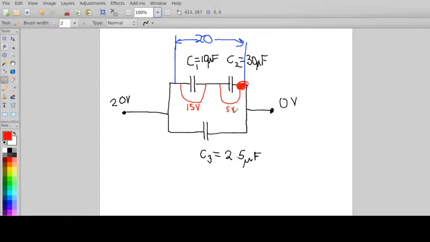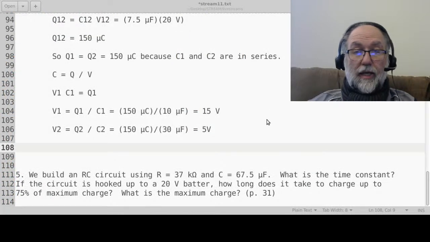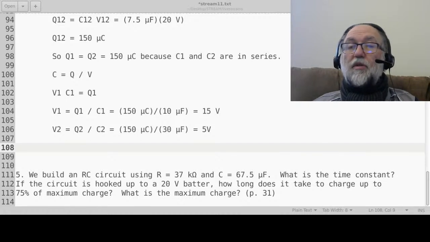So you've walked down a total of 15 plus 5 for a total of 20 across the whole circuit. And so yeah, it works out. It's good to think in terms of these checks because these problems can get complicated, and there you go. We're doing pretty good with time.